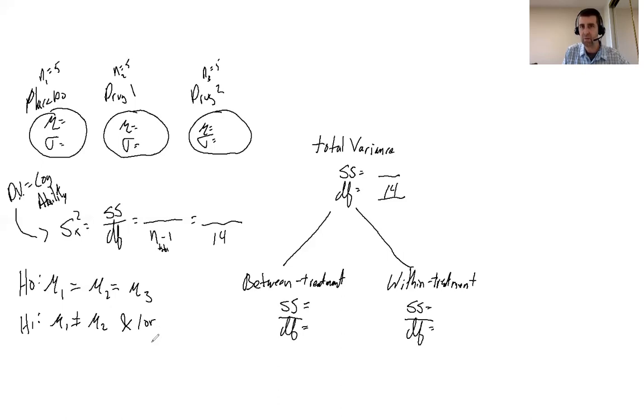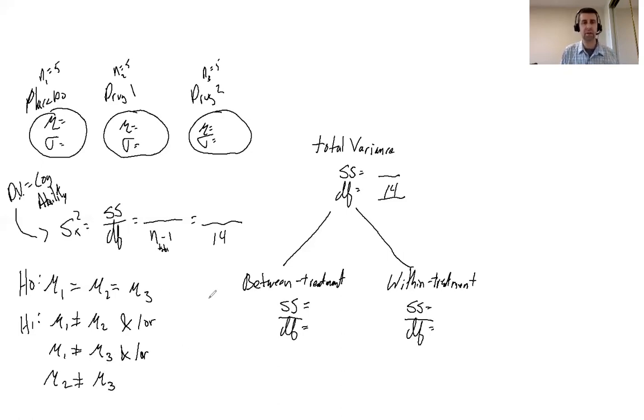That's one conclusion if I reject this omnibus test. Or it could be that population mean 1 is not equal to population mean 3. That could be true. And/or population mean 2 is not equal to population mean 3.